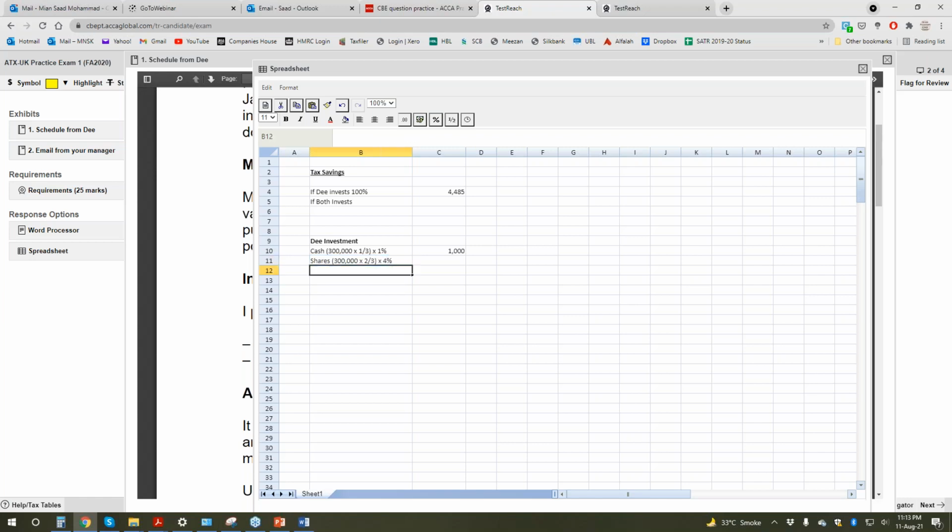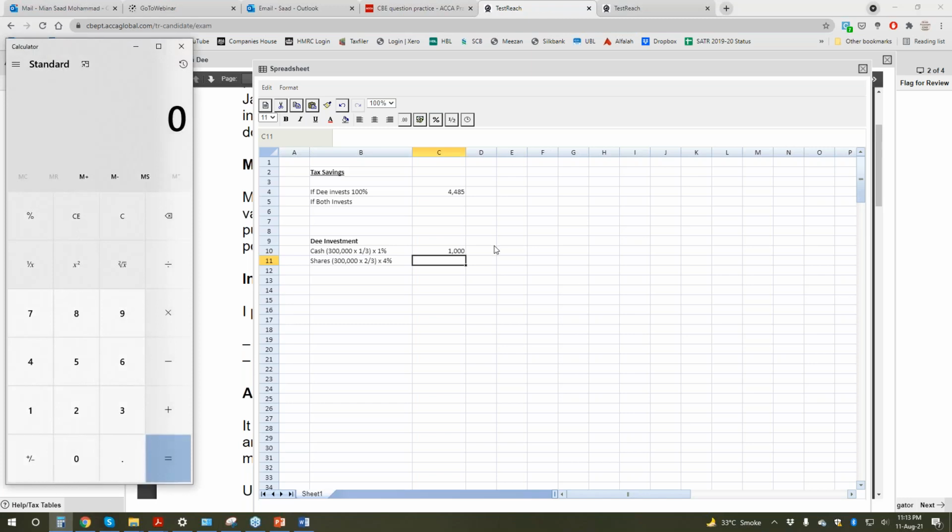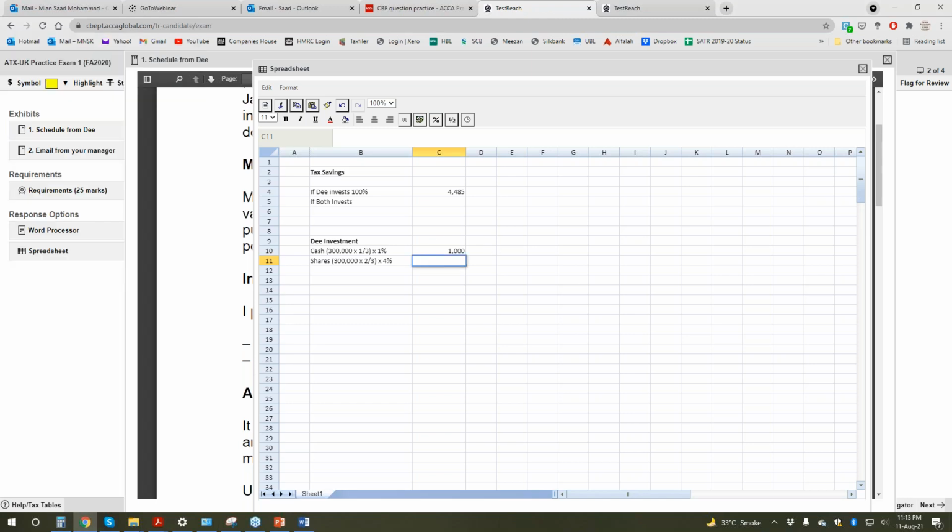Please correct me if I am wrong. So let's apply the formula here. 200,000 times 4% will be 8,000. That will be the return on D's investment.